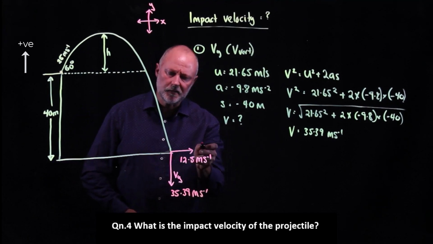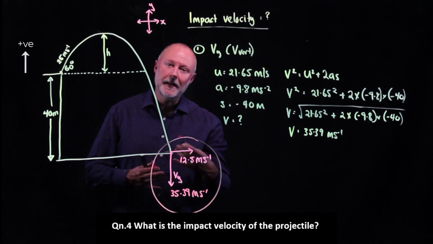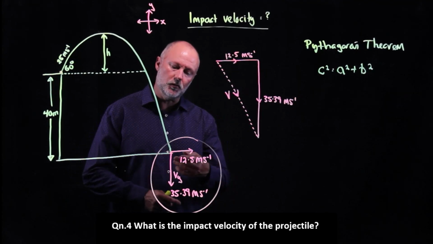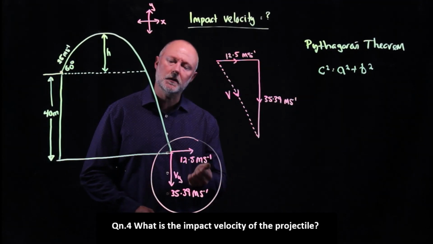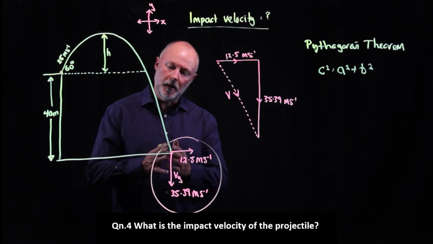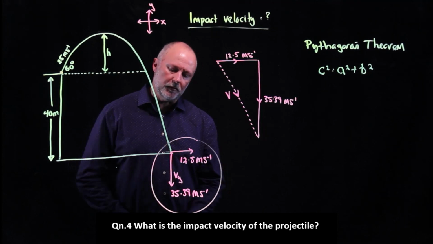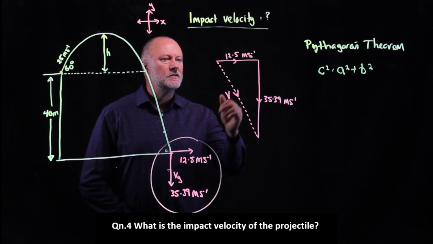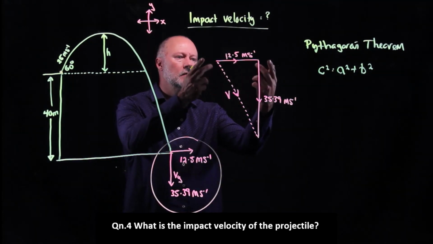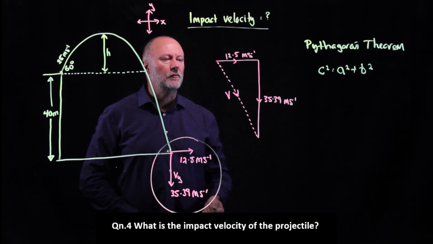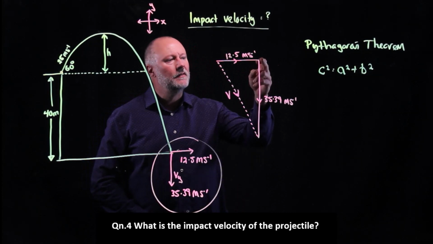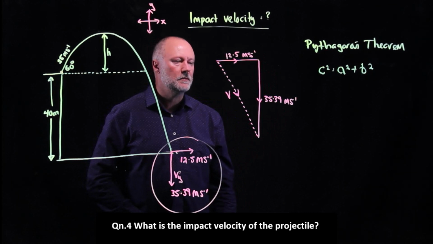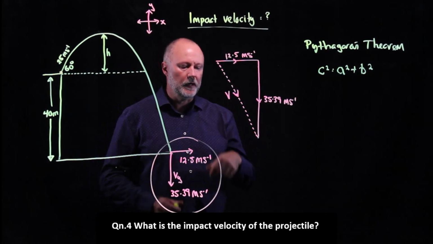So now we need to take these two values and add them together as a vector. Let's now do a vector addition of these two velocities. We've got a horizontal velocity of 12.5 meters per second upon impact, and we have a vertical velocity of 35.39 meters per second. Here it is as a vector addition. We draw our first vector, the horizontal velocity of 12.5 meters per second, and at the end of that we add our vertical velocity of 35.39 meters per second. Now this is a nice right angled triangle.